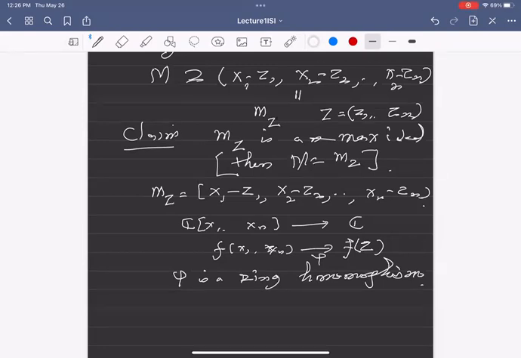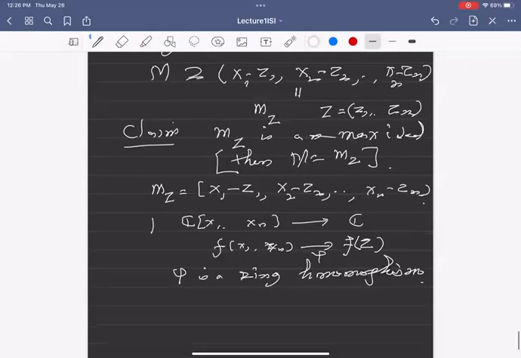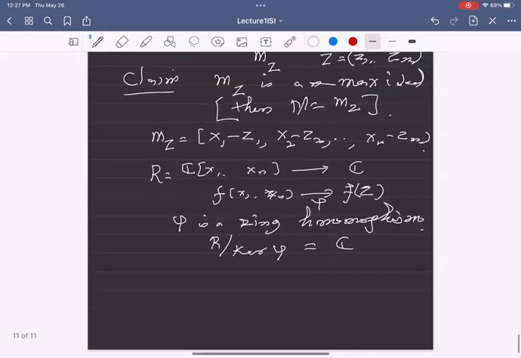So if I go mod the kernel, I get C. C is a field, and the quotient of a ring by an ideal, if it is a field, means the ideal is a maximal ideal. So kernel phi is a maximal ideal.